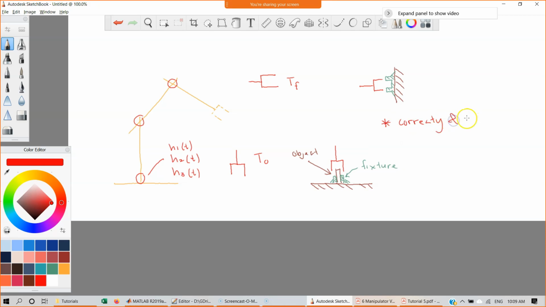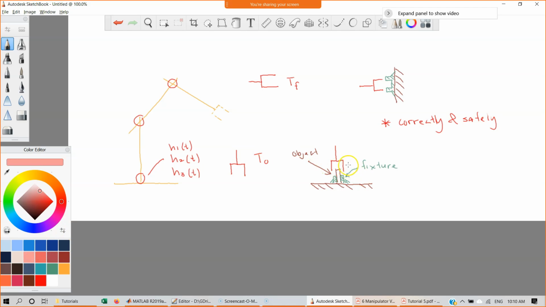Correctly and safely. So what do we mean by safe? It has to pick an object and move safely away from the fixture. So that is why we have a number of position constraints.